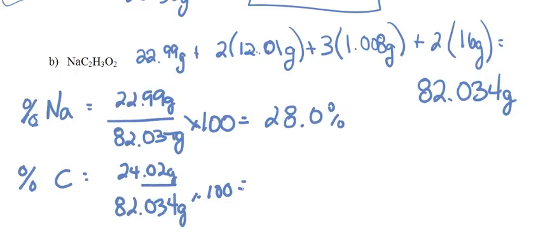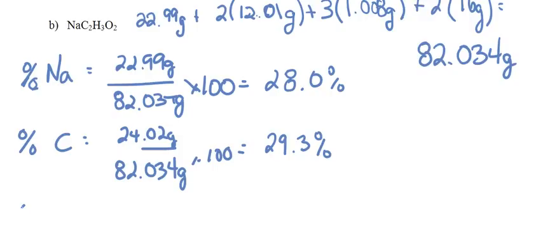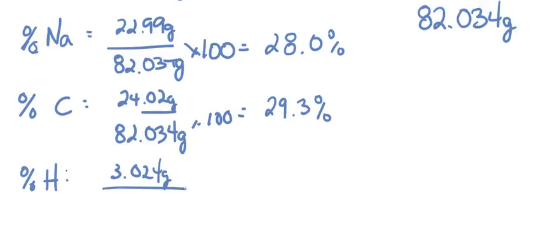So 29.3%. Okay. And then the hydrogen is 3.024 grams over 82. That should be a small number. Times 100.